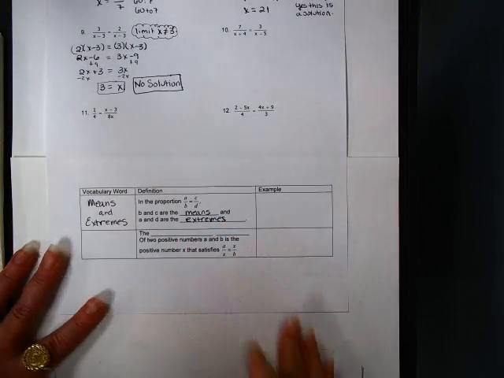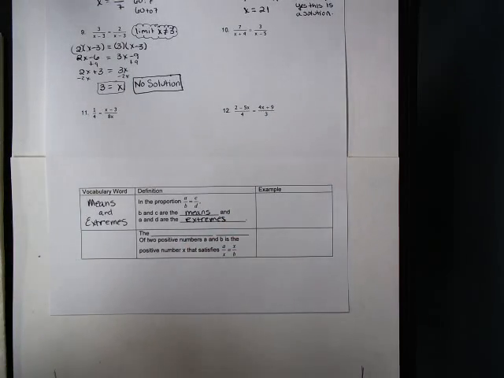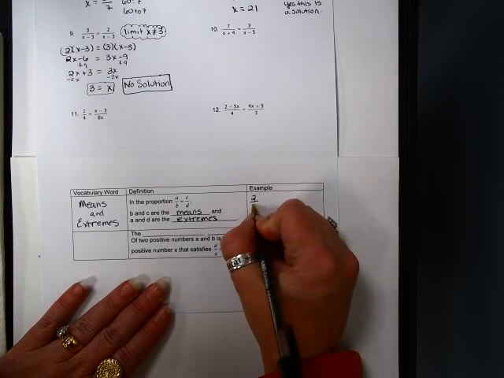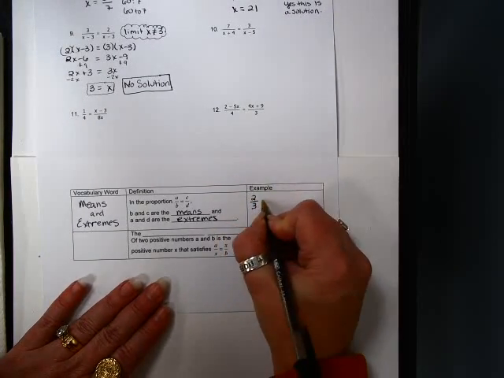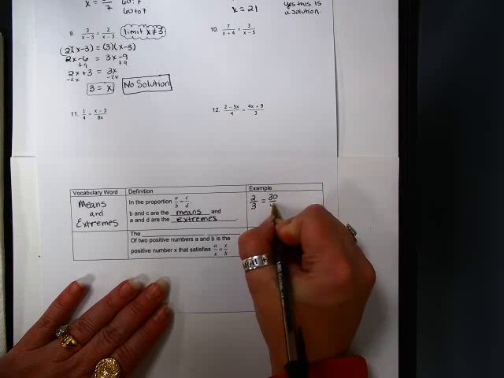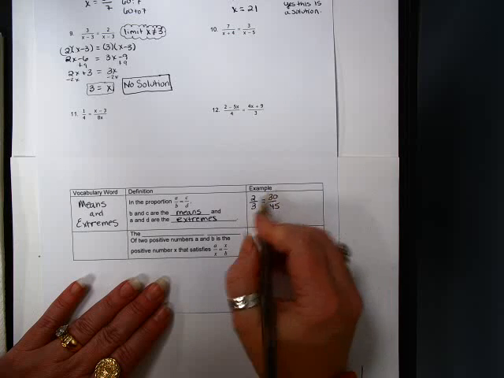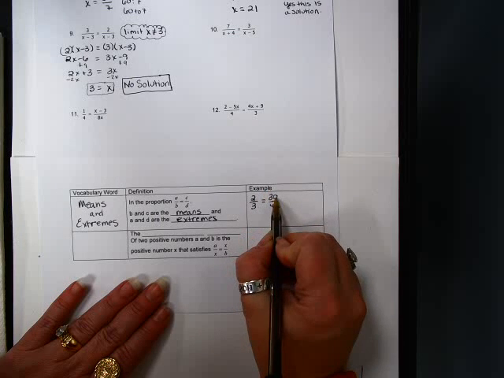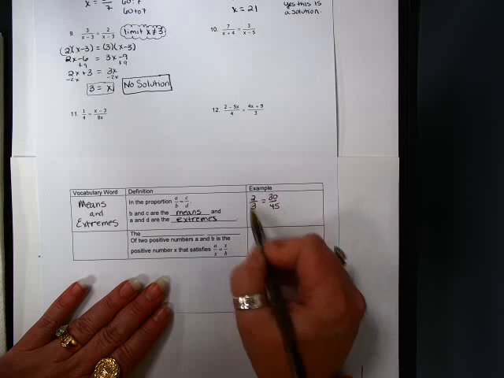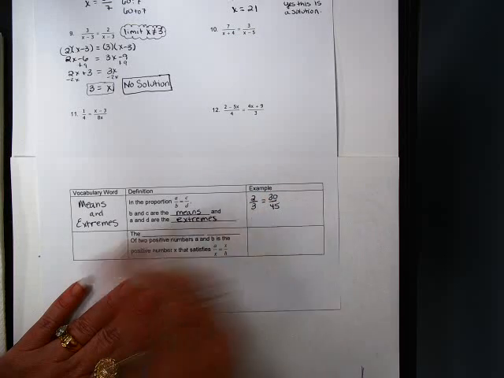All right, let's take an example so it's a little bit easier to figure out what's going on here. You know that 2 over 3, well, that's the same thing as 30 over 45. So we know that this is a proportion, because if I multiply 2 by 15, I'll get 30. And if I multiply 3 by 15, I get 45. So you know this is a true statement.